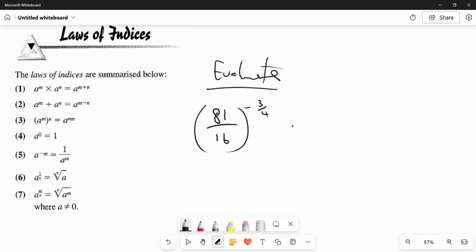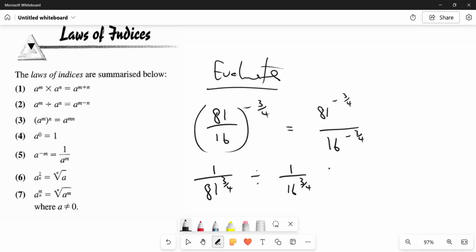Right? So that's going to be 81 to the minus 3/4 over 16 to the minus 3/4, right? So this basically is 1 over 81 to the 3/4 divided by, again, this can be written as 1 over 16 to the 3/4, right?